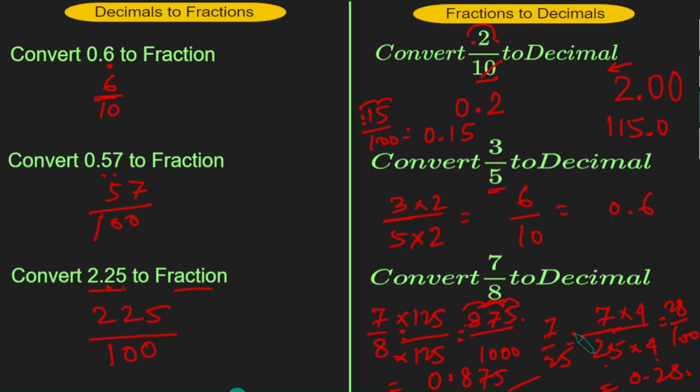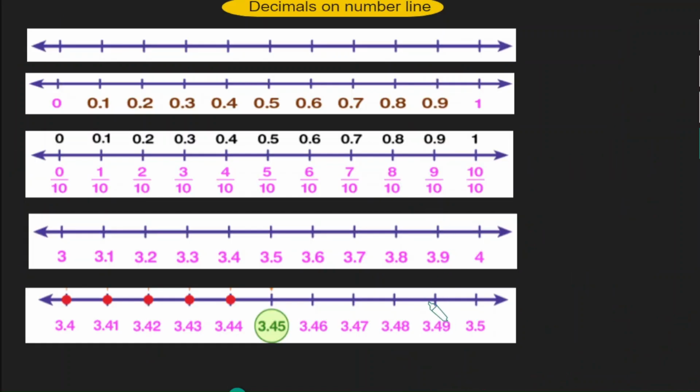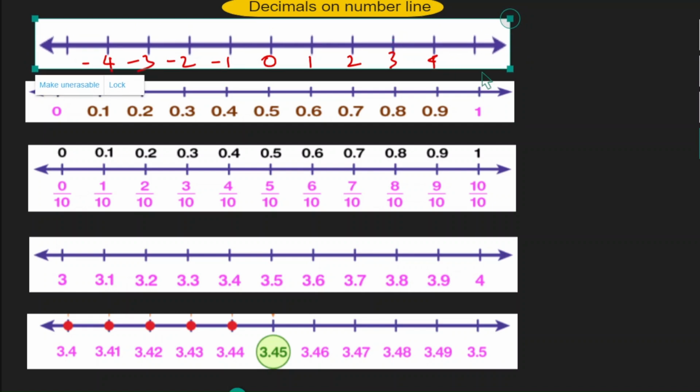I hope you understand. Now the next topic was how can we place decimal numbers on the number line. This is the way we place numbers, or integers, on the number line. But if it is a decimal number like this, we should know where the decimal number is lying.